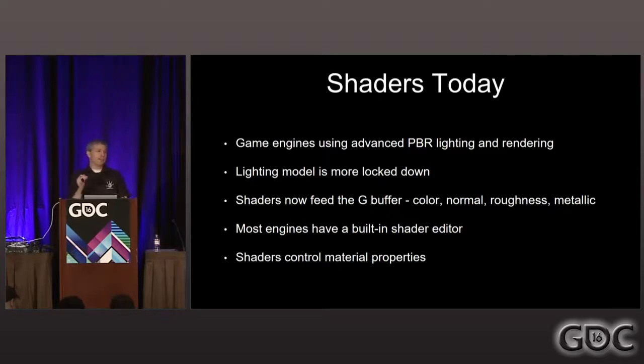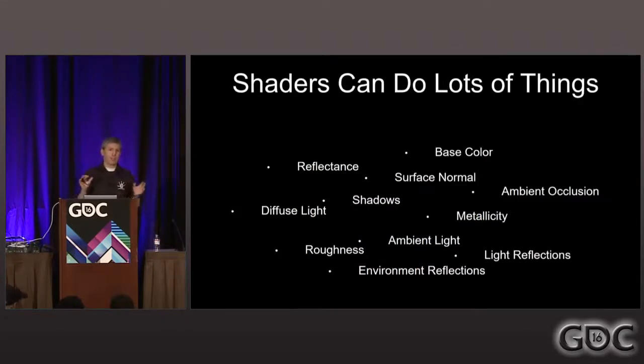Most game engines have a built-in shader editor, which means that you can do your shader editing in a node-based network, like Unreal Engine or like Frostbite. And what you're editing is actually the surface properties of the object itself, and not necessarily the lighting. So this will help to illustrate that a little bit. There are a lot of different things that shaders can do. They can do the diffuse lighting. They can do the surface color of the object. They can do screen space ambient occlusion, all kinds of different things.